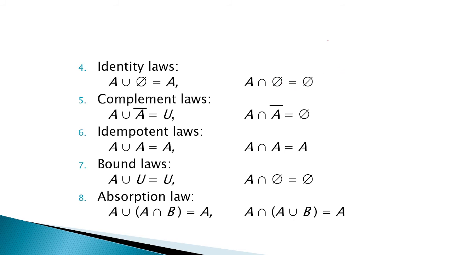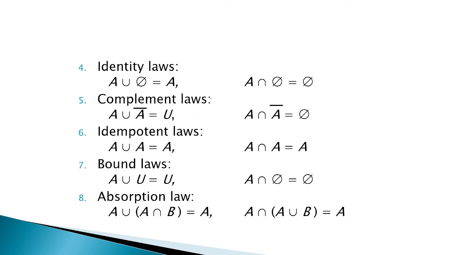Next, we have the complement law, with regards to the inverses. A union with its complement is equal to the universal set. And A intersection with its complement, of course they have no common elements, right? Therefore, the answer is the null set.